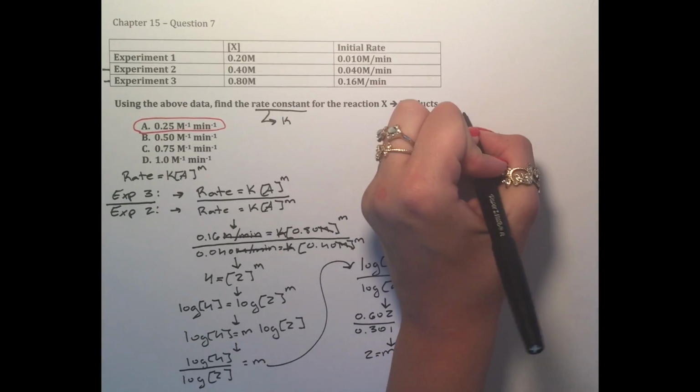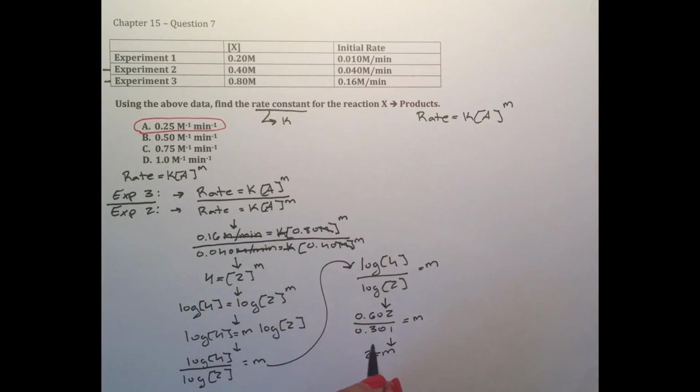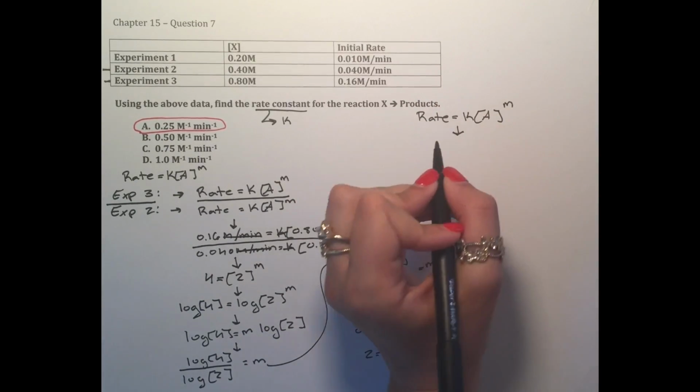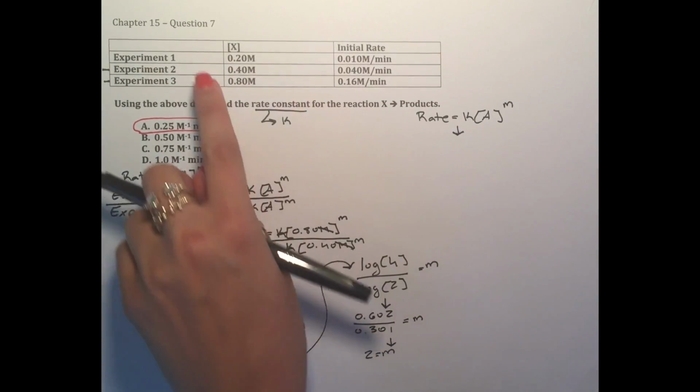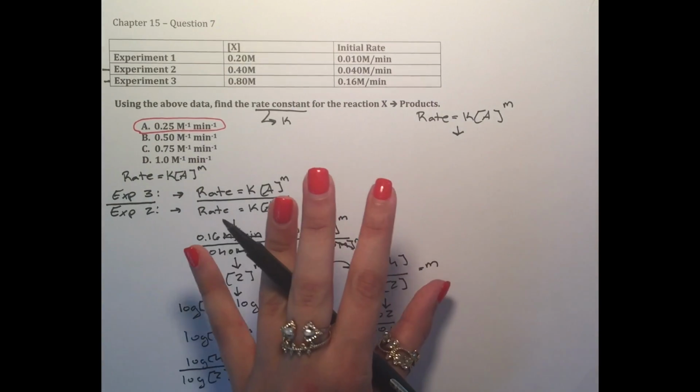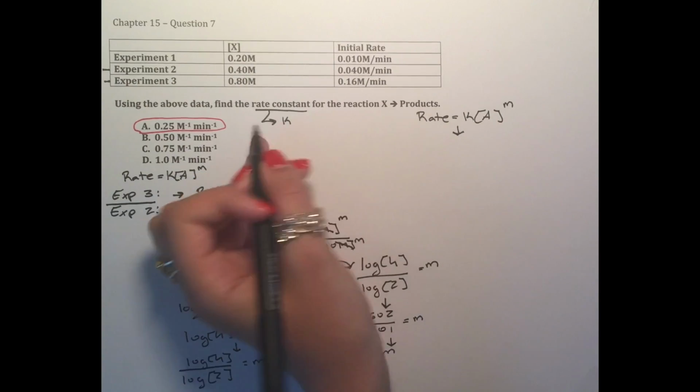Rate equals K times A to the M. Now what we're going to do is choose any one of our experiments. It can be either 1, 2, or 3. They will all work. Just because we didn't use it, let's use experiment 1.